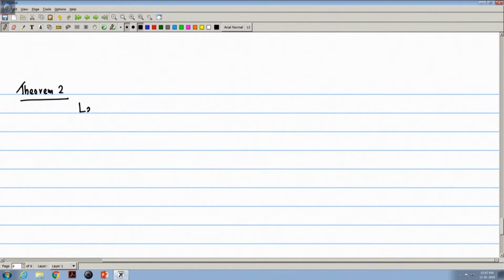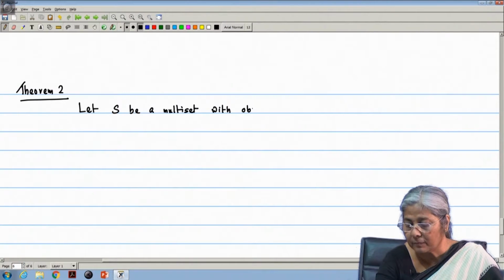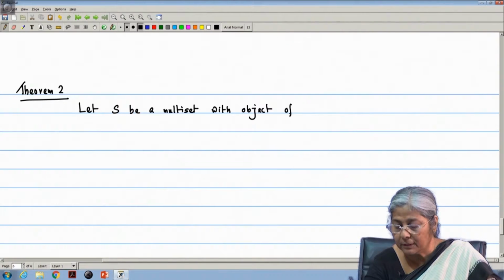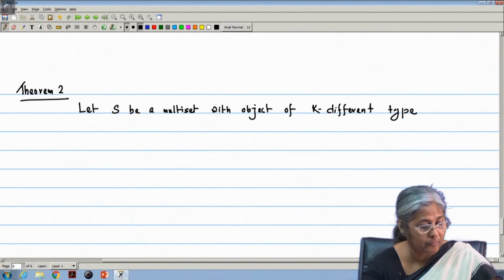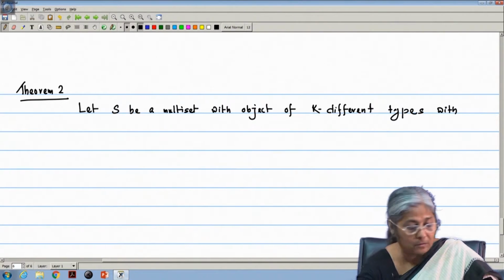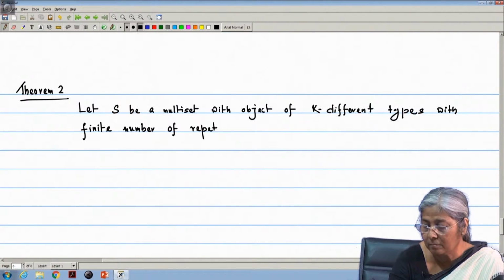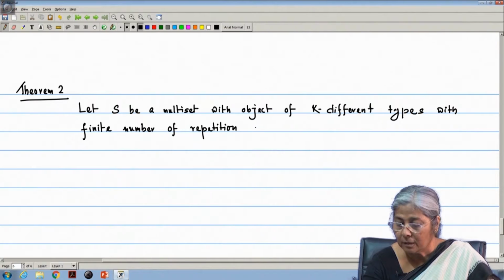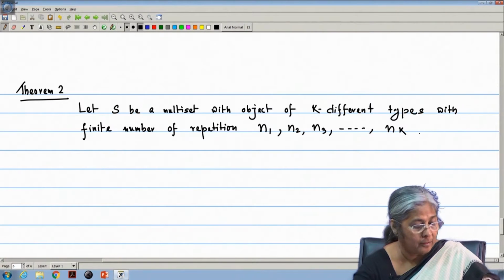The statement of the theorem: similarly, let S be a multiset with objects of k different types with finite number of repetition, and the repetition numbers are n1, n2, n3, up to nk respectively.